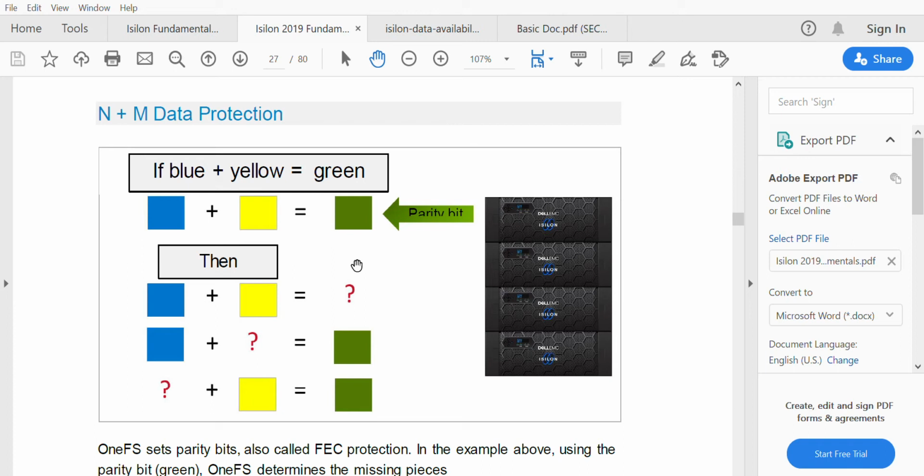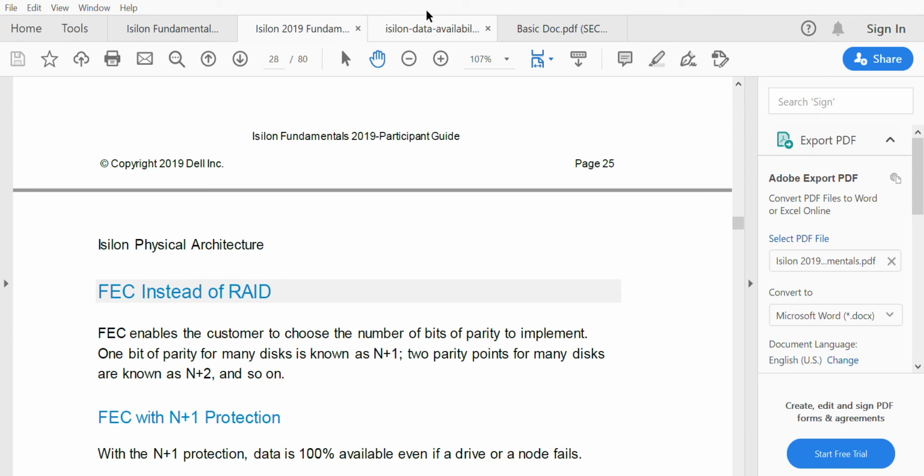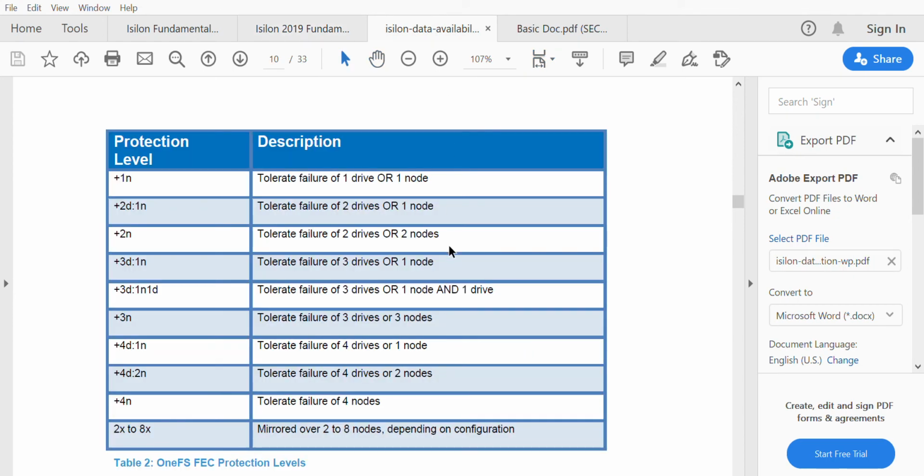There are different kinds of data protection levels that we'll be seeing, and these are the different protection levels of Isilon that are pre-configured. So the protection level plus 1n means this particular protection level can tolerate a failure of one drive or one node.